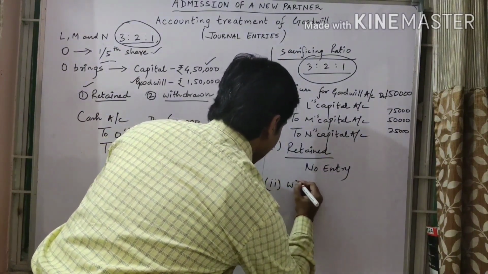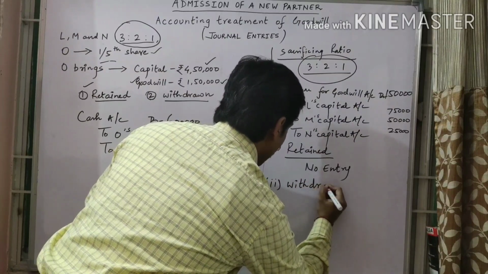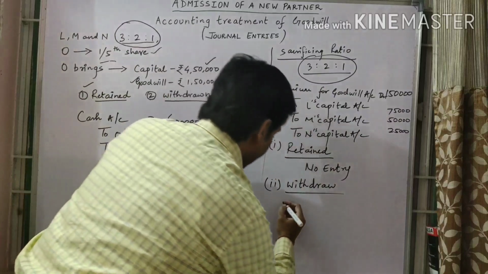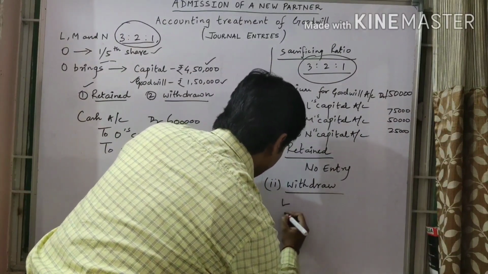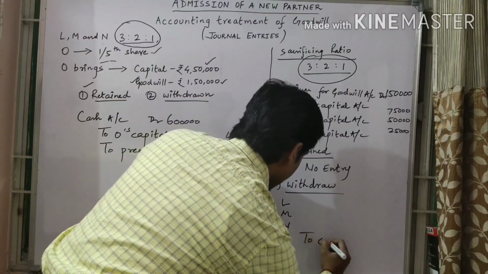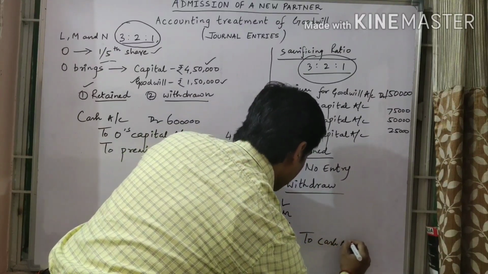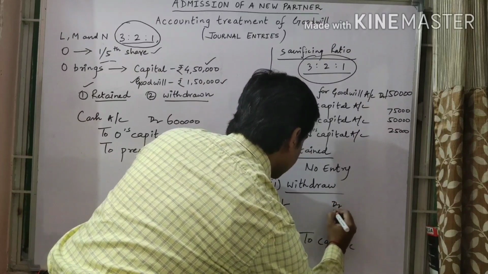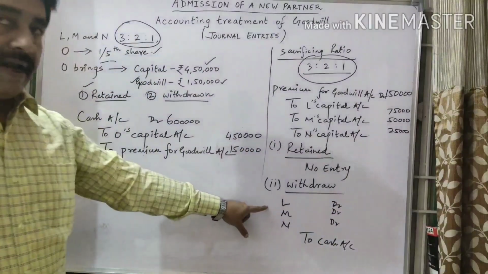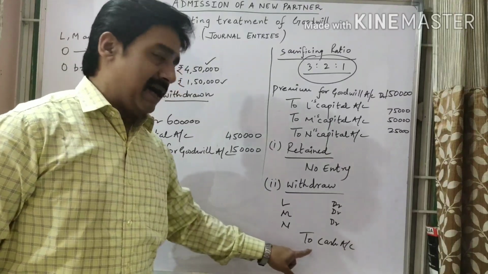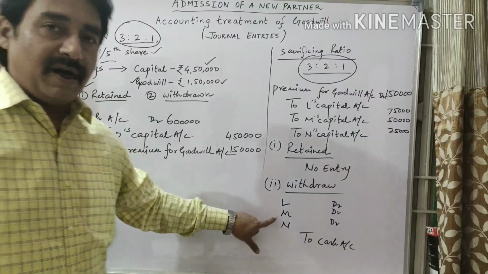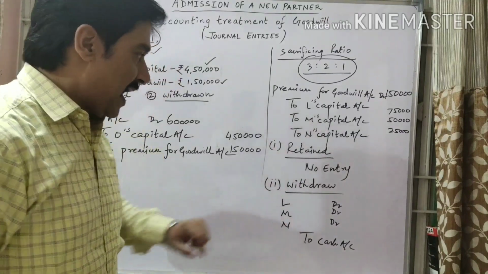Okay, and if you are told that the partners want to withdraw the amount of premium, then you will be passing this entry. See, I'm doing this entry in short, and I want everybody to do this in a complete form. Okay, I've written LMN debited to cash account, which means L's capital account debit, M's capital account debit, N's capital account debit to cash account.